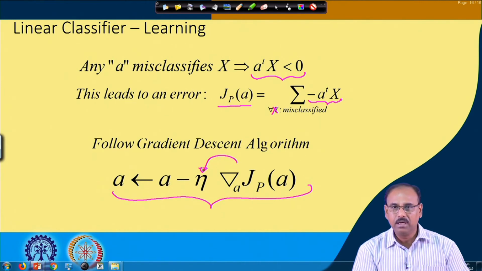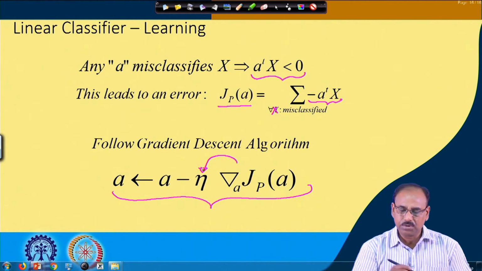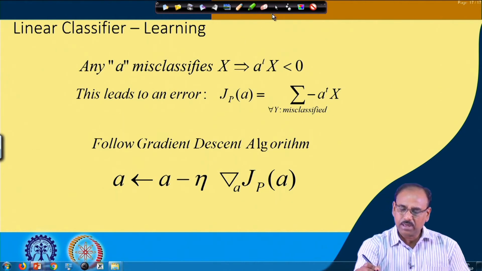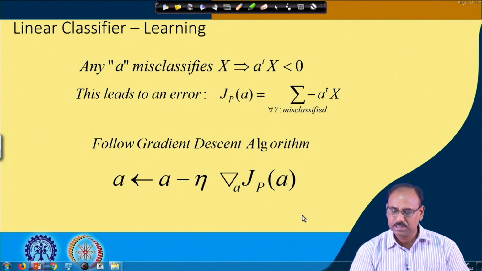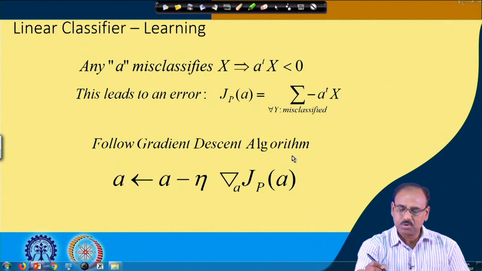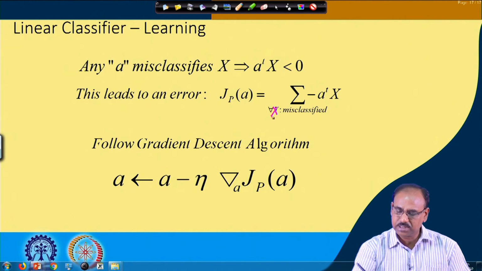This will be my weight updation rule using the gradient descent procedure. In this particular case, the perceptron criterion function J_P(A) is the sum of minus A transpose x for all x which are misclassified.